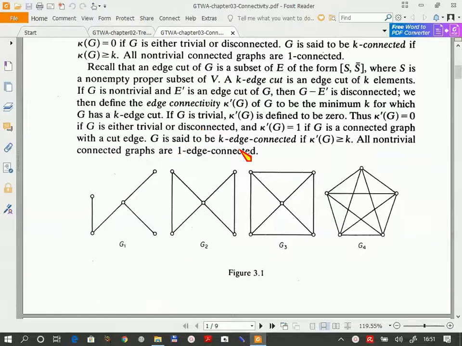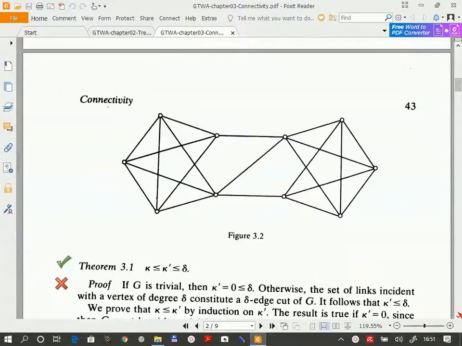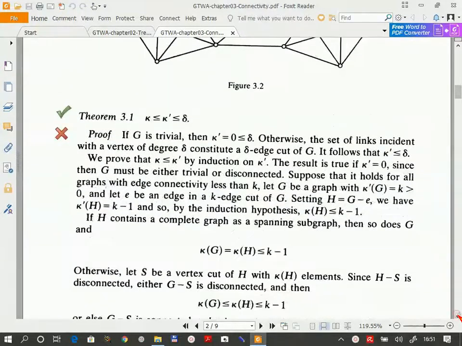G is said to be K edge connected if kappa prime of G is greater than or equal to K. Okay, and all non-trivial connected graphs are one edge connected. That said, what can we say? Kappa is always less than or equal to kappa prime, always less than or equal to small delta.